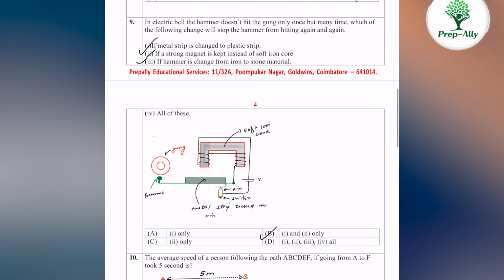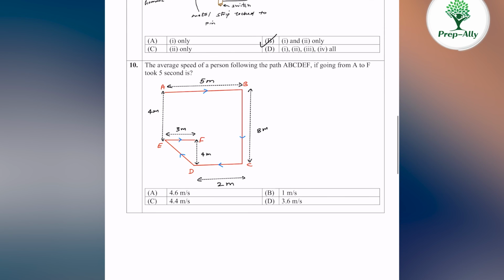The next question, number 10. It is saying the average speed of a person following the path A, B, C, D, E, F, if going from A to F took 5 seconds. So A to B to C to D to E to F. Here we have to find the total speed, and we know speed is equal to distance by time.